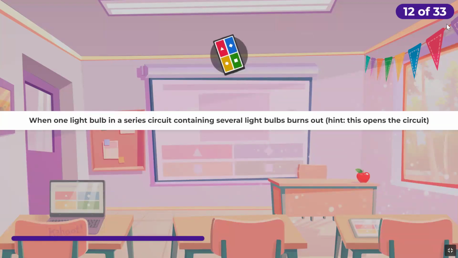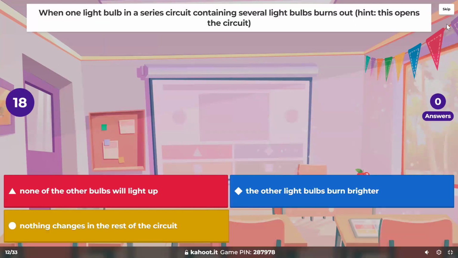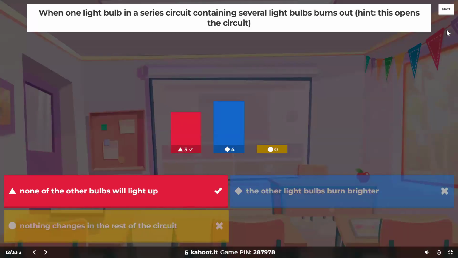When one bulb in a series circuit containing several bulbs burns out, hint, that opens the circuit. Yeah, none of the other bulbs will light up.